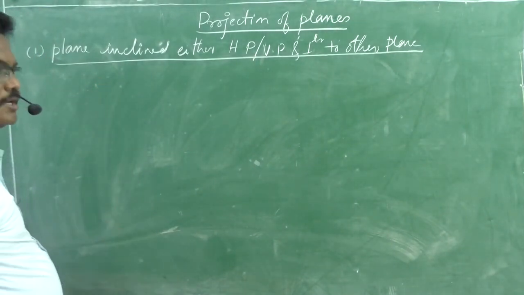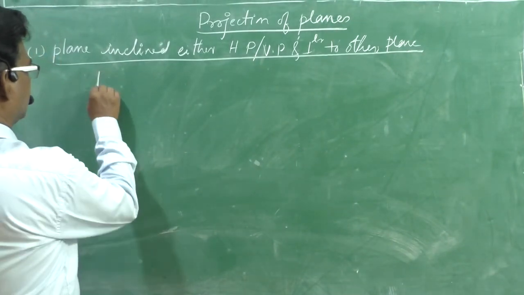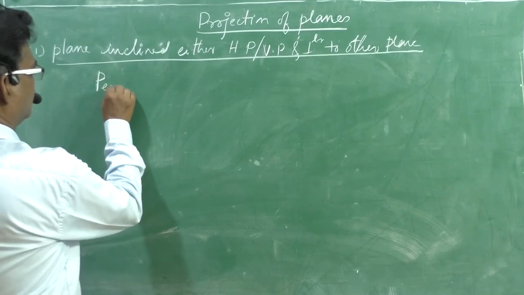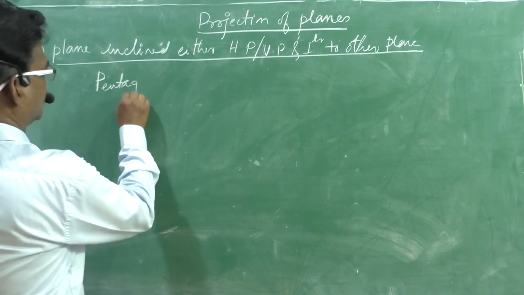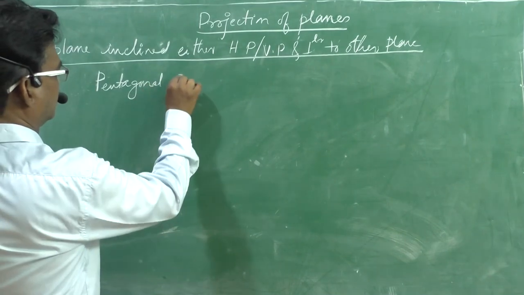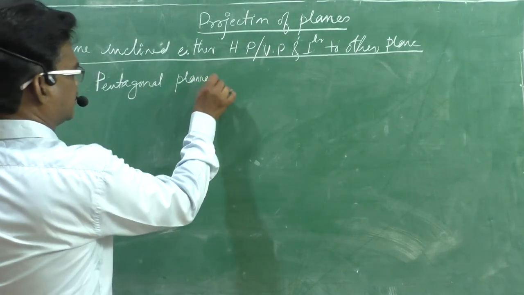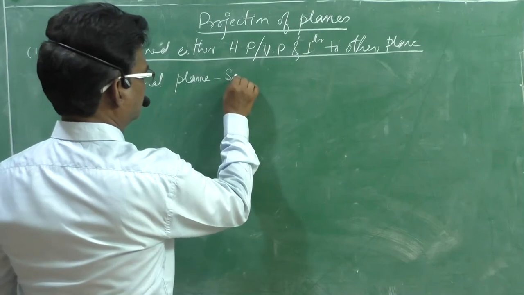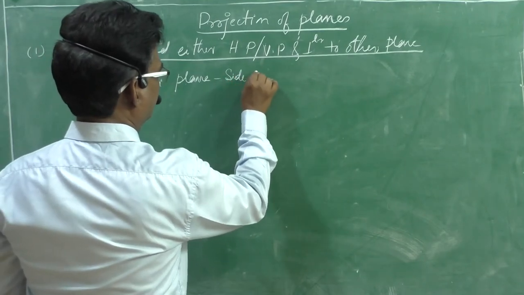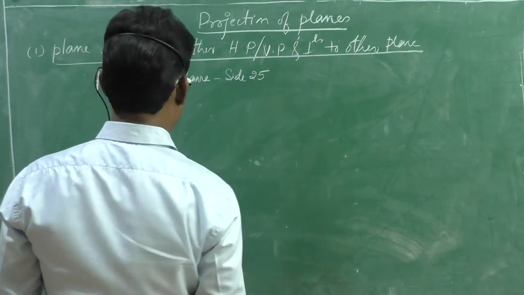Right? Now observe the given data. The given surface is a plane, a pentagonal plane. What is the side? Side equal to 25 mm.